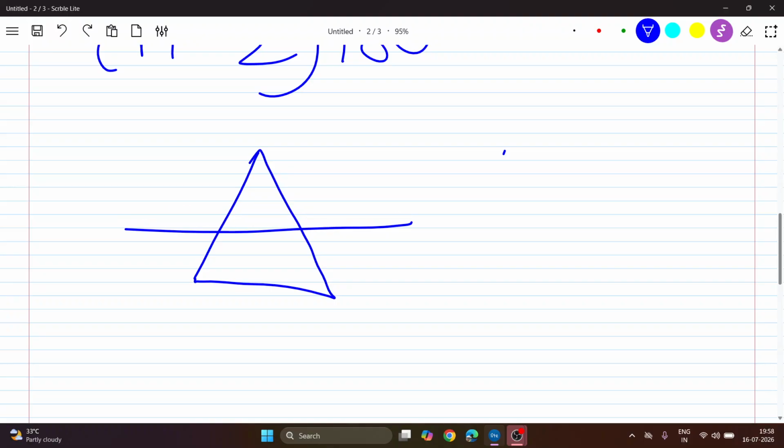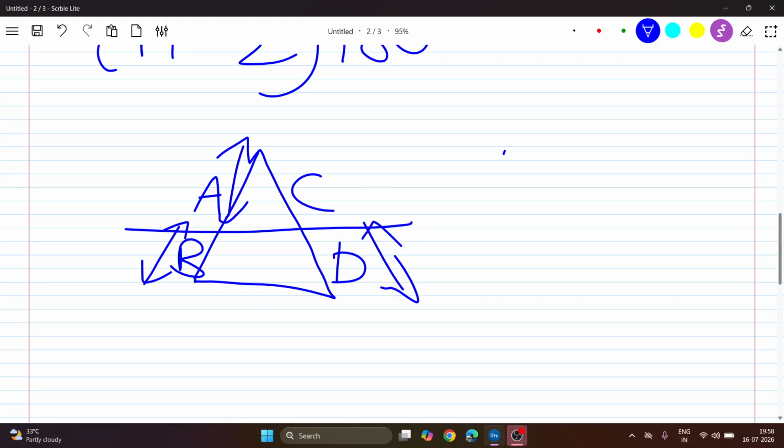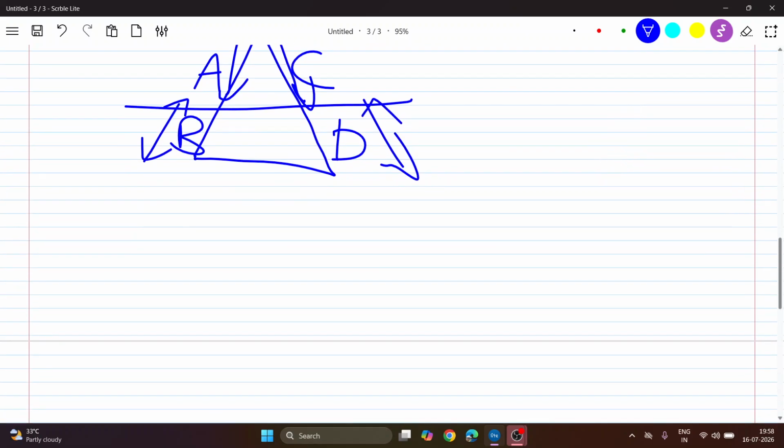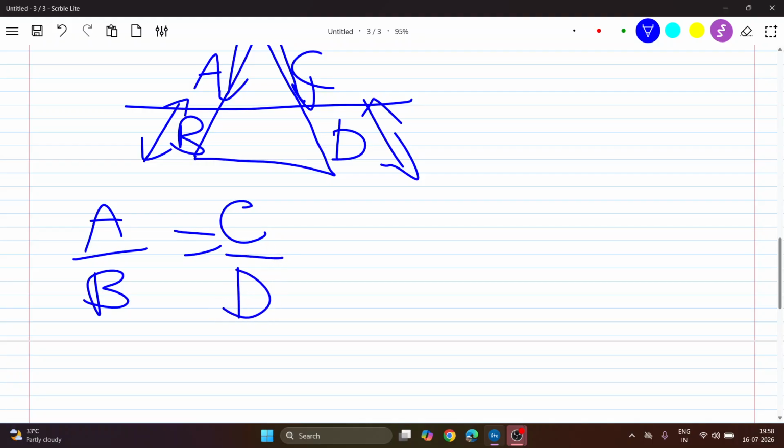Then let's say the length of this is A and this is B and this is D and this is C. So here the criteria is that A by B equals C by D. That is, the ratio of the sides is the same. So the line divides this triangle in the same ratio. Okay.